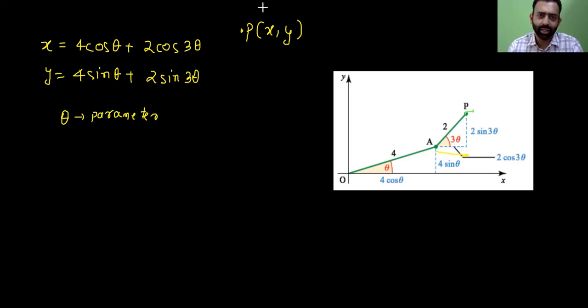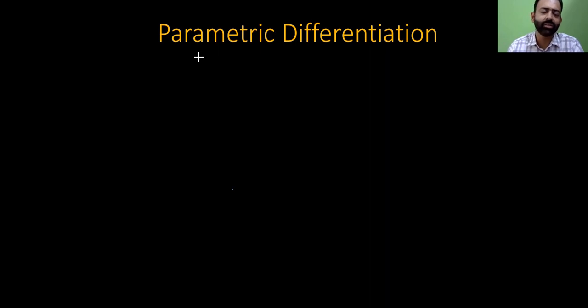Having said what parametric equations are, let us come to the topic of parametric differentiation. As you know, the initial coordinates are of course x and y, so basically what you have to find out is the value of dy/dx, how the y coordinate is changing with respect to x.